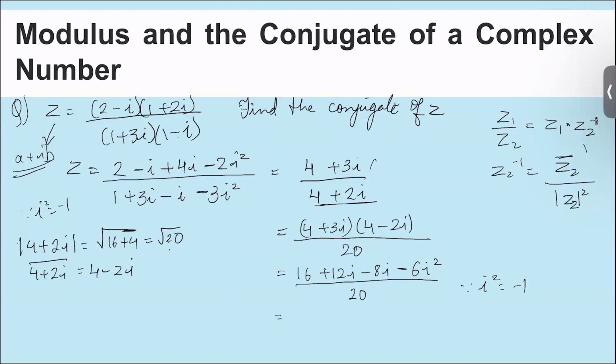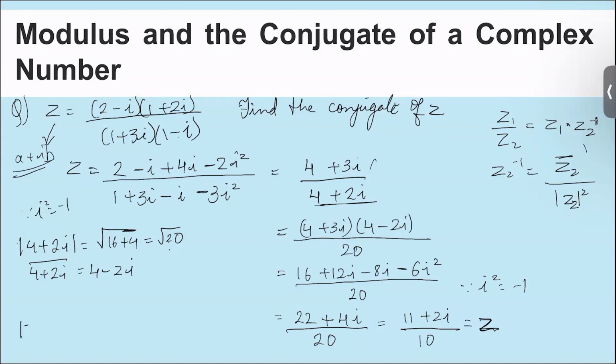So 16 plus 6, you have 22, and this is plus 4i upon 20. So if you take out 2 from numerator as well as denominator, you are left with 11 plus 2i upon 10. Okay, so this is your z.